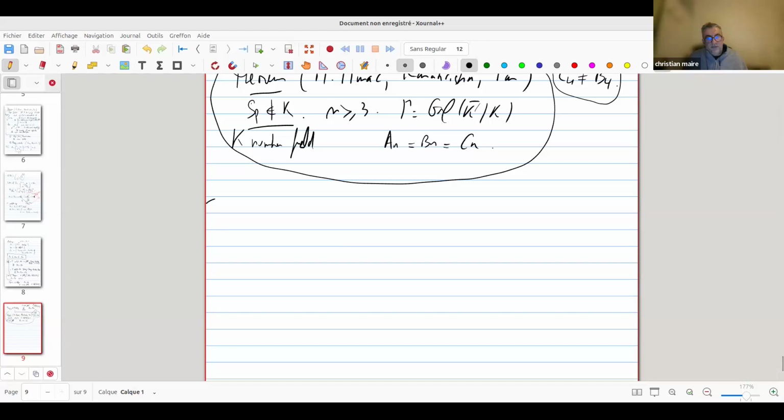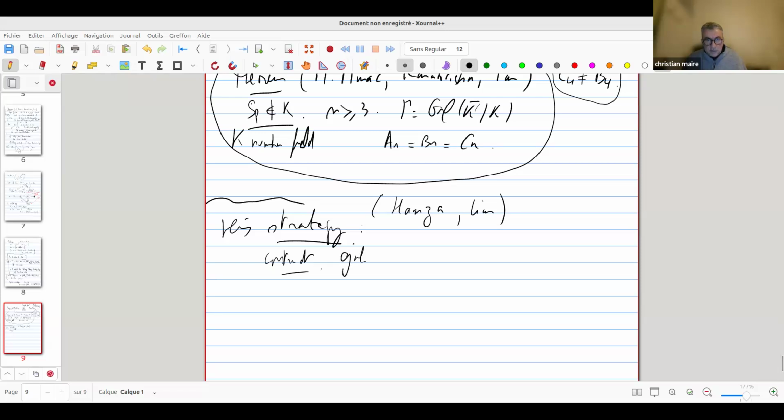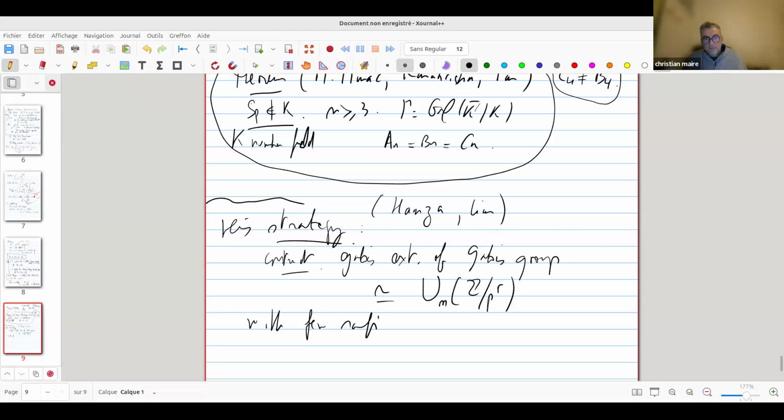We can also apply this strategy to construct some Galois extension of Galois group isomorphic to U_n with coefficients Z mod p^r with few ramification. Of course, it is in the number field setting.